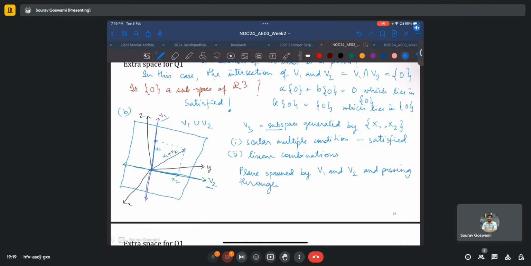That's by default because it is spanned by V1 and V2. V1, V2 themselves pass through the origin, but I am stating it just in case and perhaps to reinforce the point. So this will contain V1, this will contain V2. It is spanned by V1 and V2, and of course, it contains all possible linear combinations of x1 and x2. So the plane spanned by V1 and V2 and passing through the origin is in fact our subspace V3.